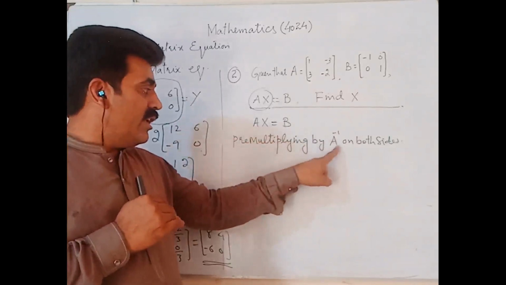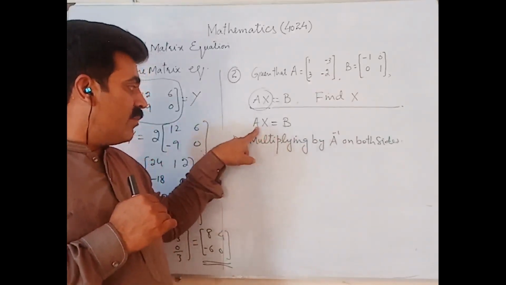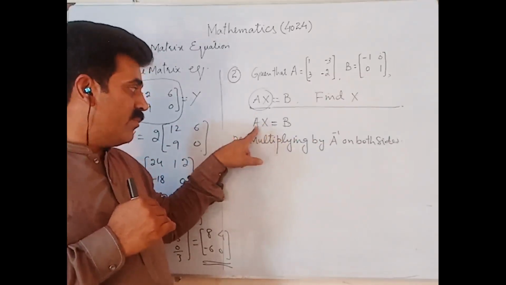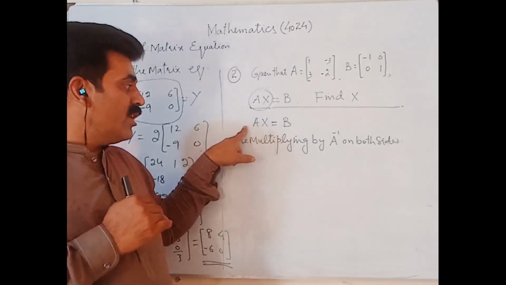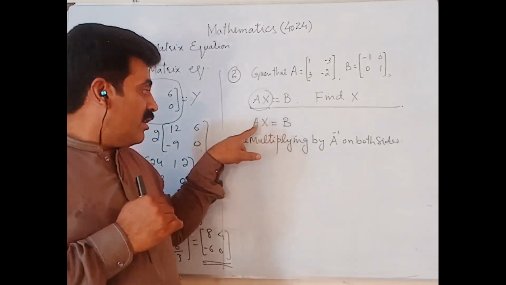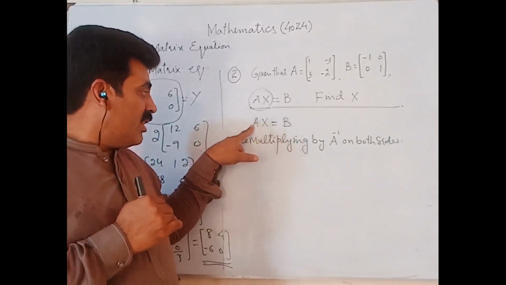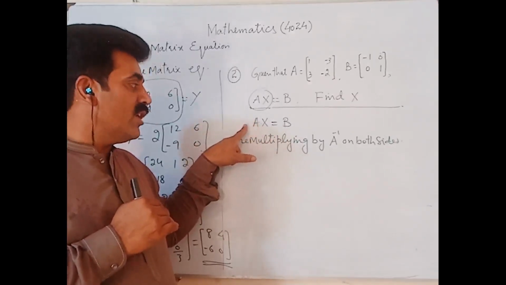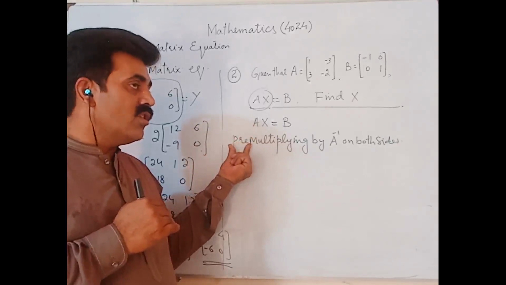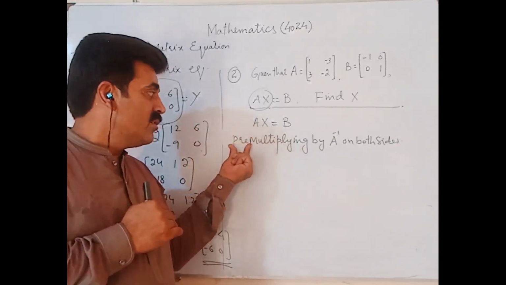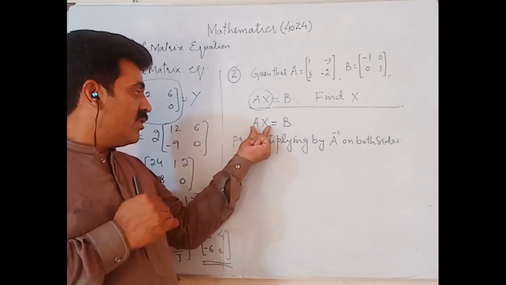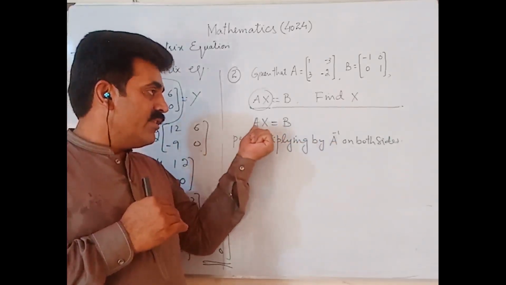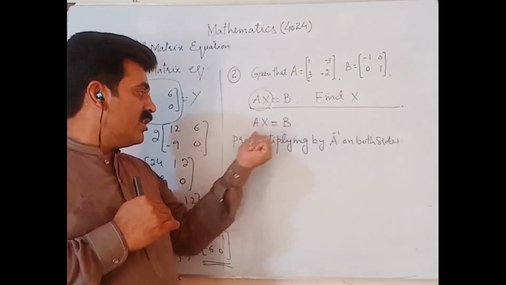So this A inverse will also be put before A, not after X, but before A, taking the place on the left-hand side of A. So if we multiply the equation by A inverse from the left-hand side, it is called pre-multiplication.